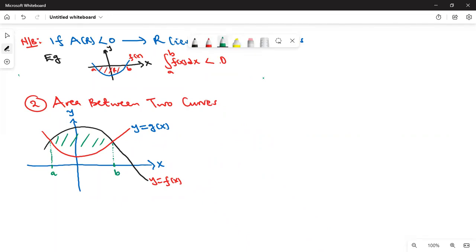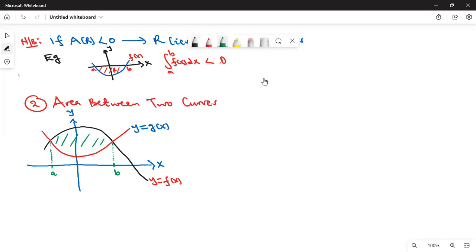Now, how do you find that area? You see, when you integrate f of x between A and B, you get the area enclosed by the curve y equals f of x and the x-axis between A and B. When you integrate y equals g of x between A and B, again, that will give you the area between the graph g of x, the x-axis, and the lines x equals A and x equals B. So to get the shaded area, you subtract those two areas.